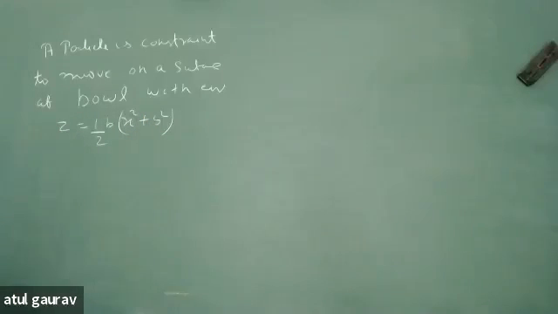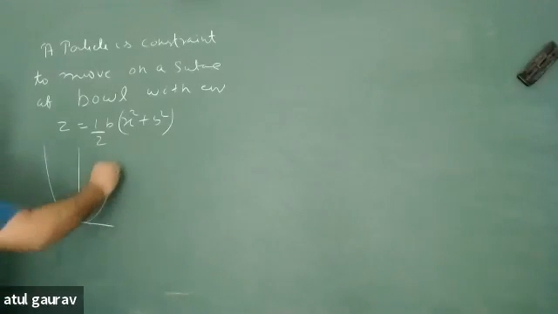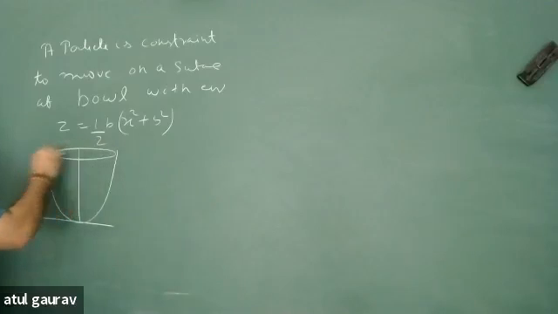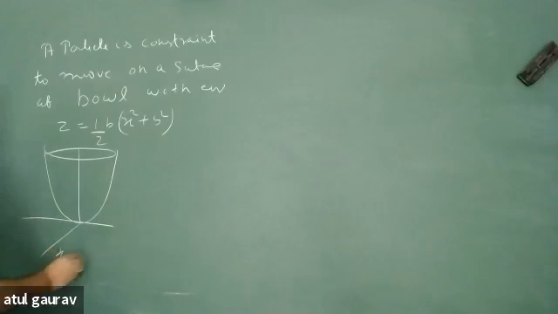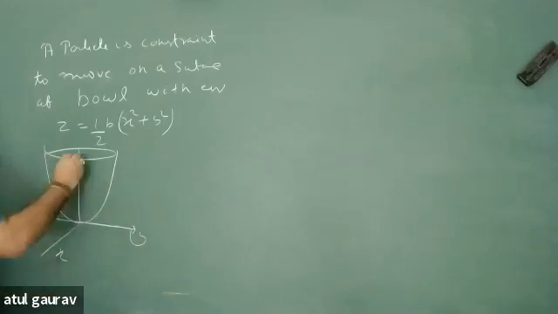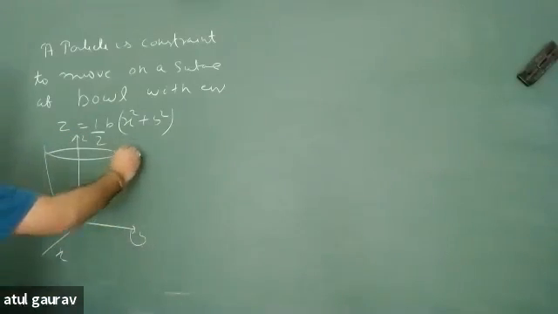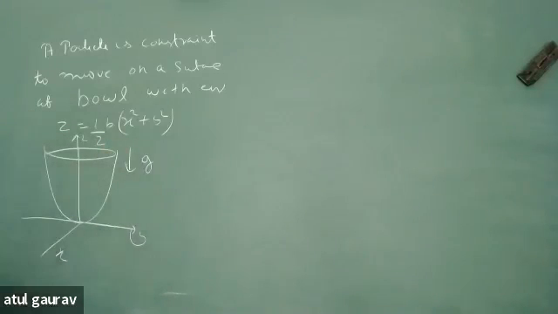So this is your equation, which is also given. If you plot it, this is a paraboloid, the parabola which is rotating about the z axis. So this kind of situation is there. This is the x axis, this is the y axis, this is the z axis, and it is also given that gravity is in the z direction.